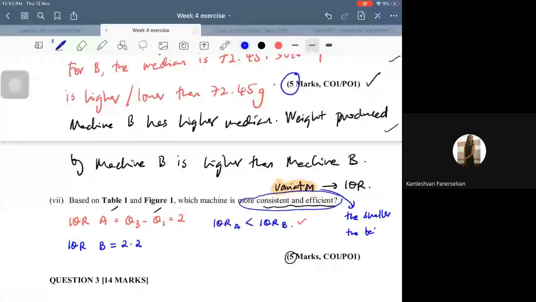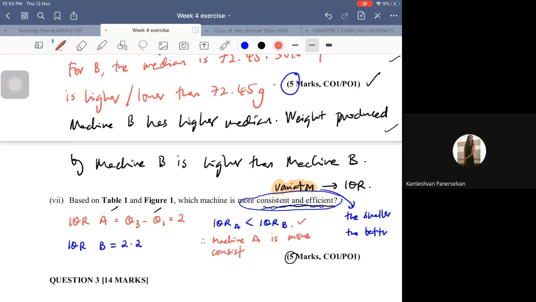When you have standard deviation, variance or interquartile range, the smaller they are, the more consistent and efficient it is. Therefore, in this case, machine A, which has the smaller interquartile range, is more consistent and efficient.